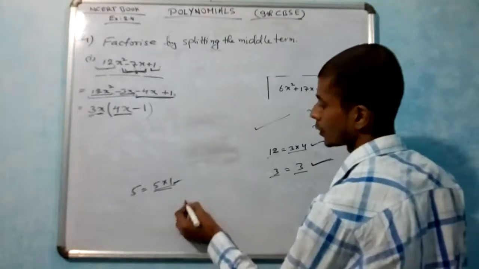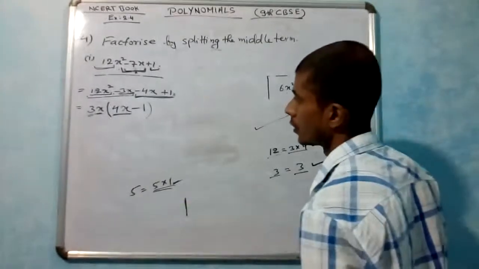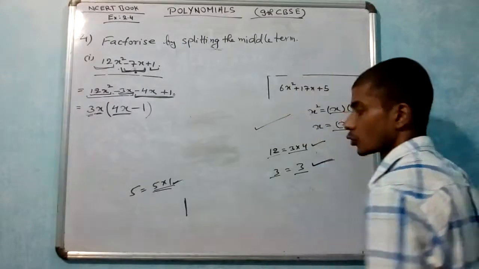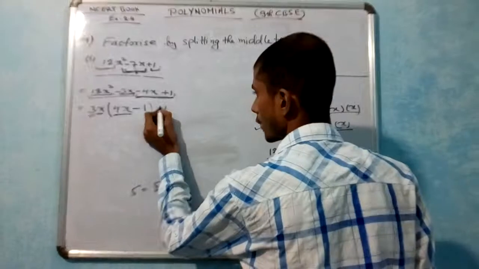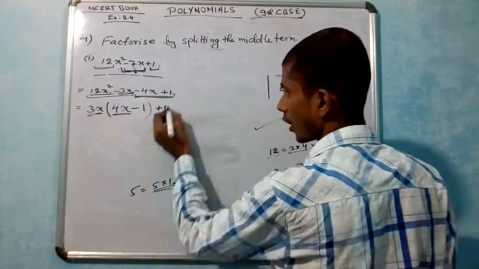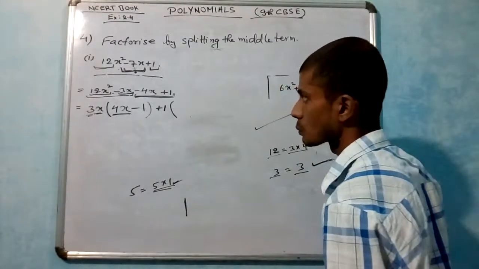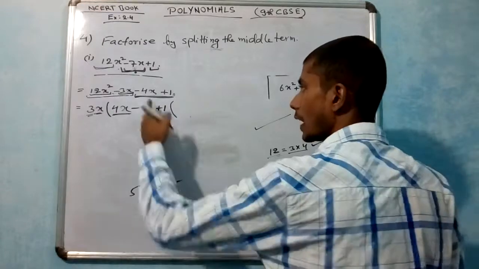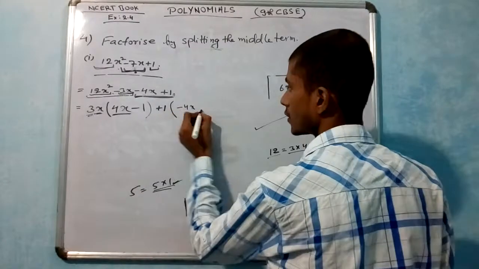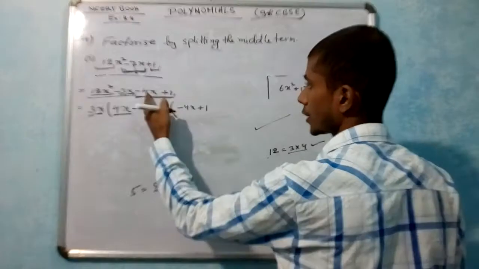Nothing is common, means only 1 is common, okay. So if I take plus 1 outside as the common part, then what will be left inside? As it is, minus 4x plus 1.